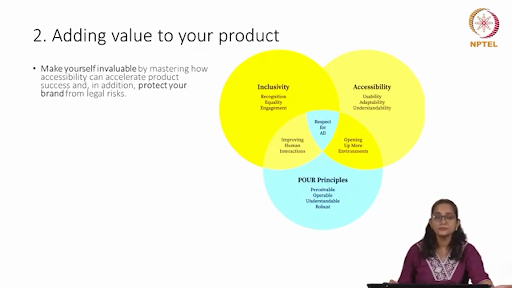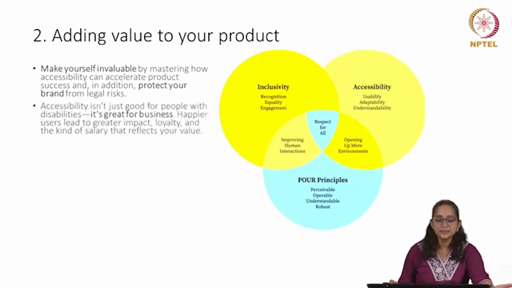So if you have that understanding of human-centered aspects, the business aspect, the legal aspect of accessibility, and how a product or brand can be protected against legal compliance related issues, those resumes are much in demand in the industry. So accessibility isn't just good for people with disabilities. It's a great deal for business as well. So we will also try to understand the economic aspects and how and why it can add value, not just to the product, but also to the parent companies.